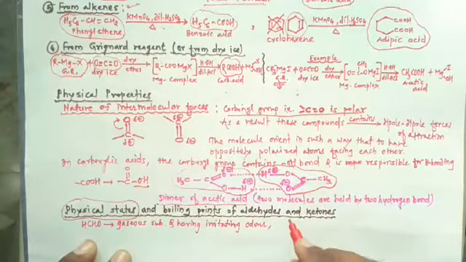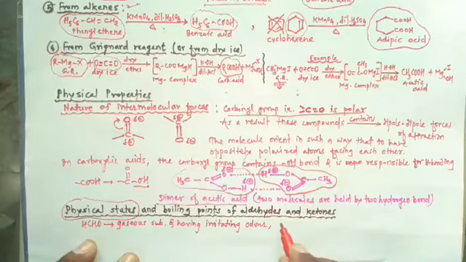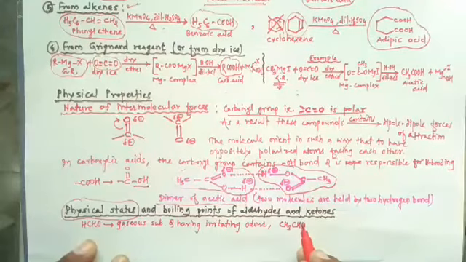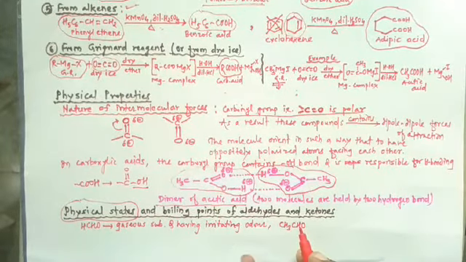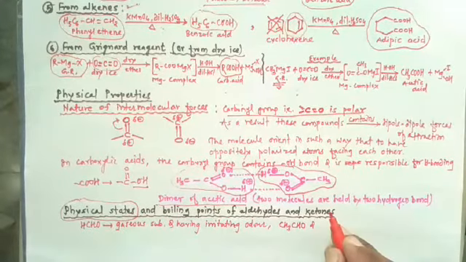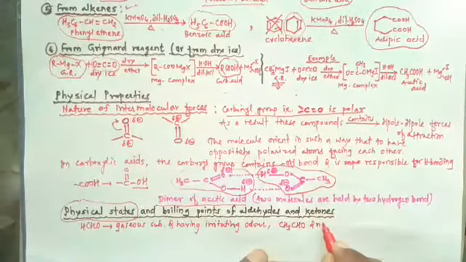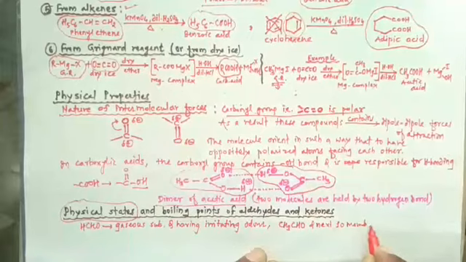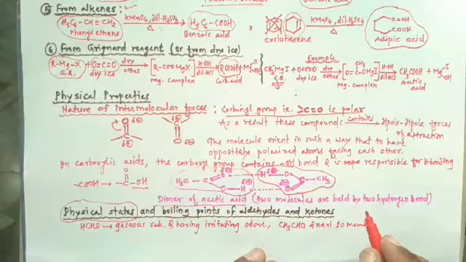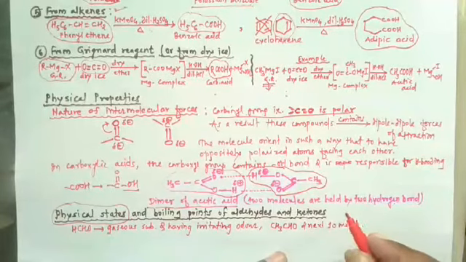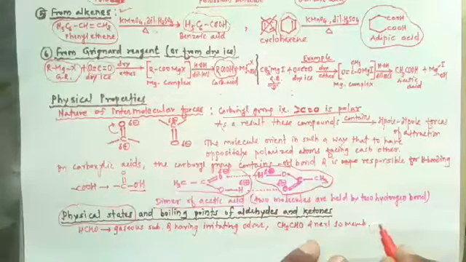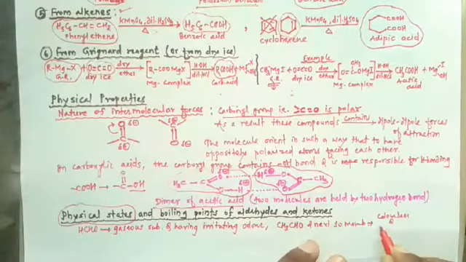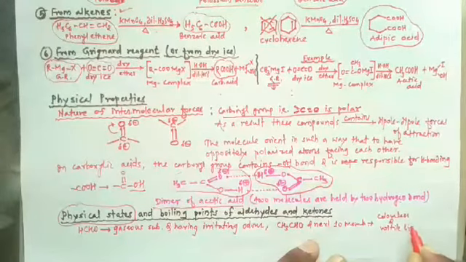Then the next member of the aldehyde family is acetaldehyde, that is CH3CHO. This acetaldehyde and the next 10 members of aldehydes are colorless and volatile liquids.